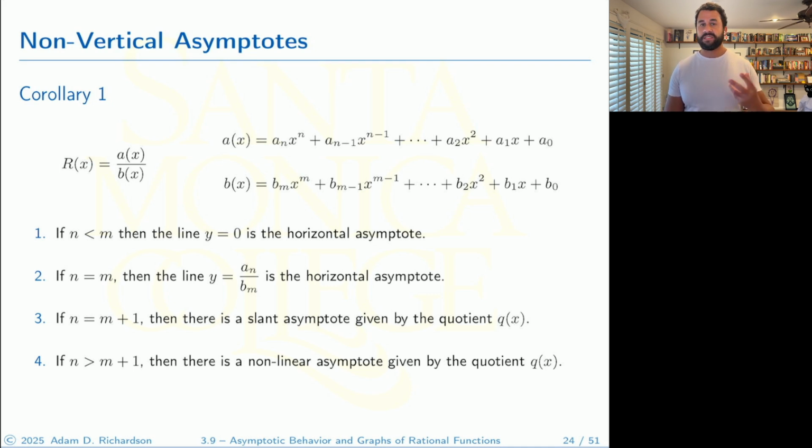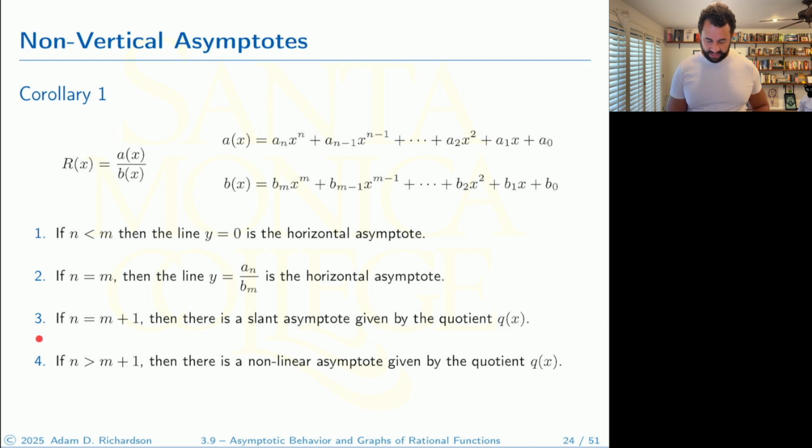You're going to end up with something times x plus something else, right? Well, if you've got something times x, that means you're going to have something that looks like this. That's a linear function, right? Okay, so that is case three.